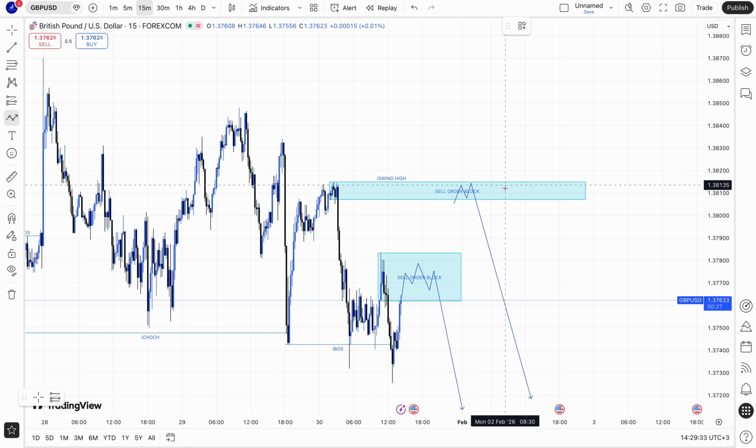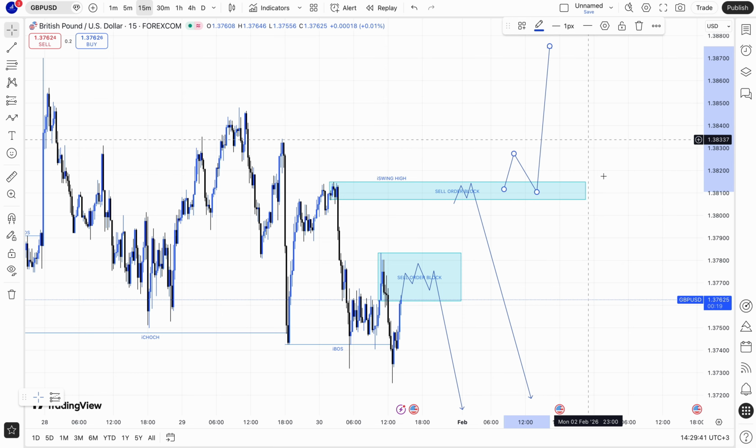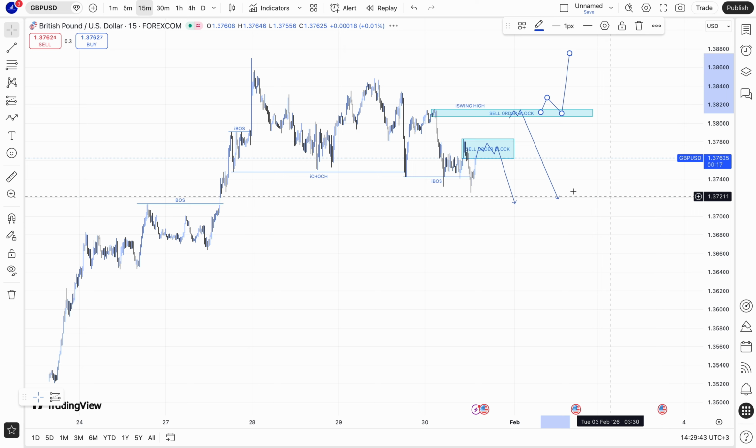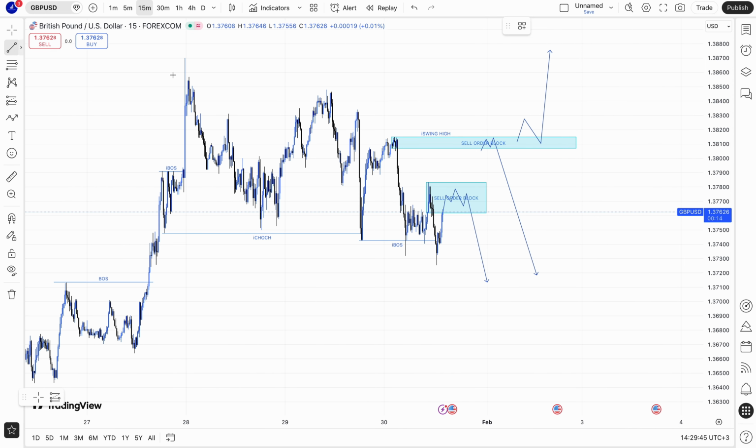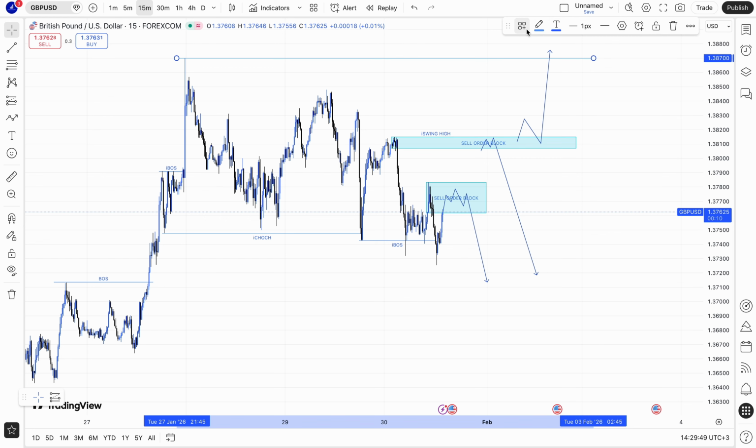Then plan number three, if we don't get that sell confirmation from this point of interest, this order block, then we're going to wait for the break and retest, then continuation. Those are the three scenarios I'm expecting, so that you can target this swing high, external swing high.